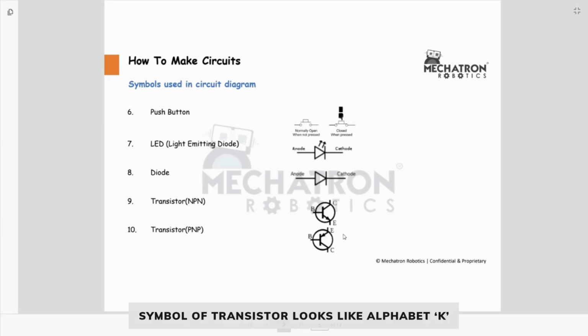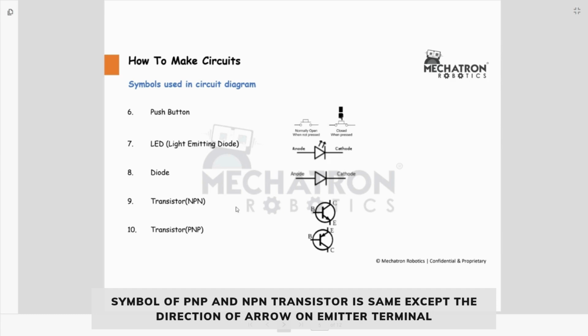Then we have the symbol of a transistor. The symbol of a transistor looks like the alphabet K, where this straight vertical line is the base terminal. The line with the arrow on it is the emitter terminal and the one which is left is the collector terminal. The symbols of both the PNP and NPN transistors look similar.